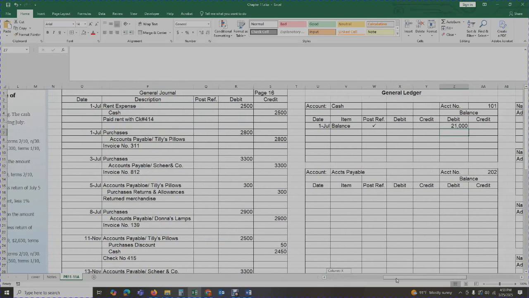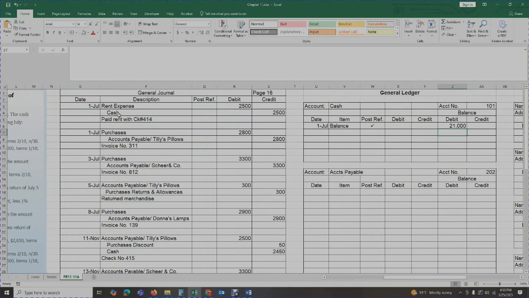Now, I'm going to go through the journal that we did, and I'm going to locate anything that has cash. You have to go in date order. So July the 1st. On item, we don't put anything. On the post reference, we put the journal page number. This is journal 16. The transaction is a credit of $2,500.